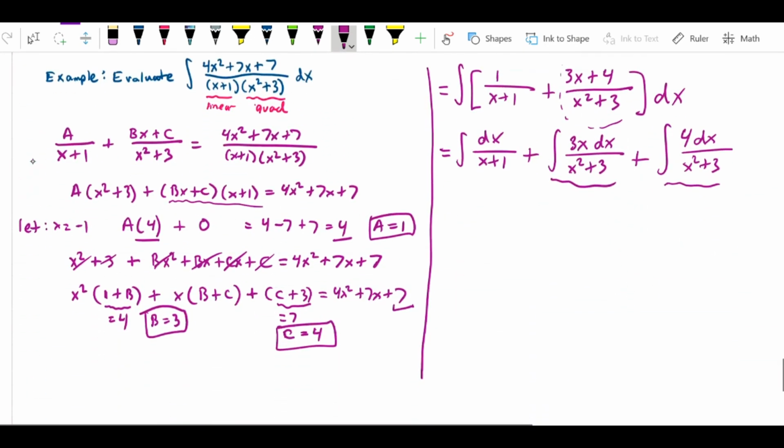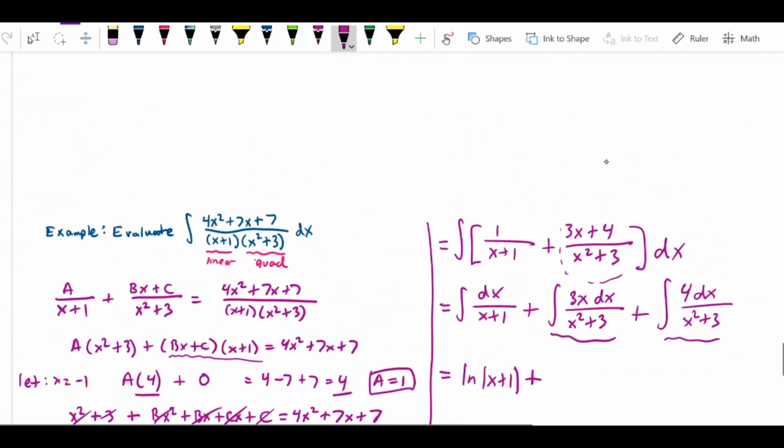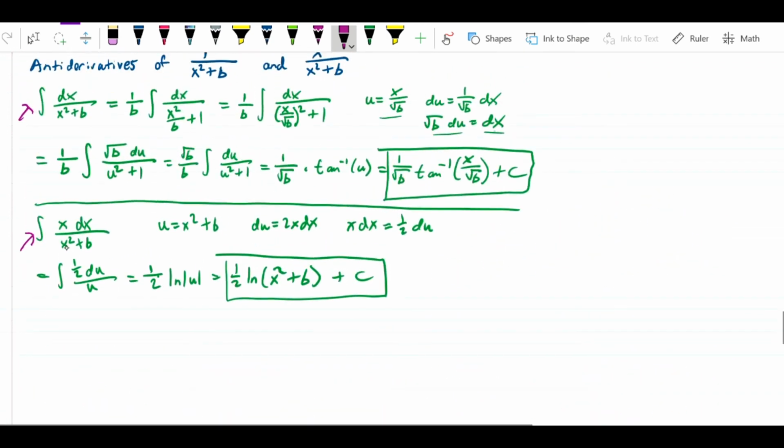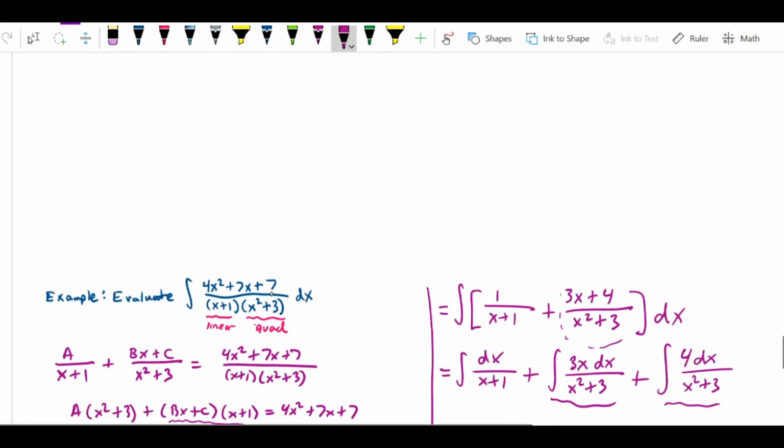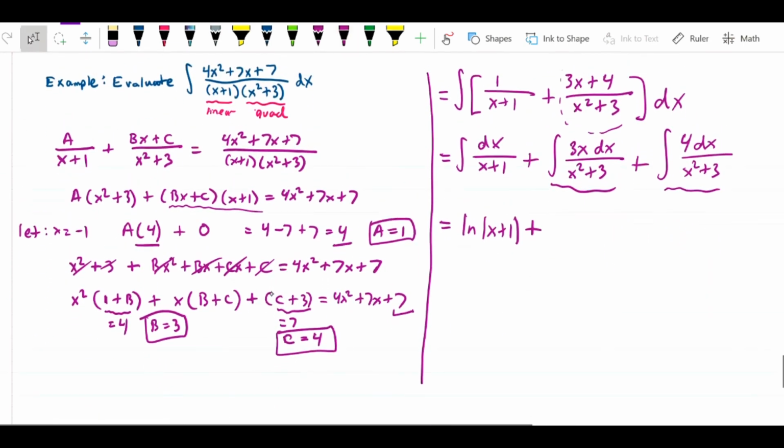So this is simply going to equal ln of absolute value x plus 1, and then this is going to be, we have x over x squared plus 3. Its antiderivative is 1/2 ln of x squared plus 3. So that gives us, since we have a factor of 3 there that I have to deal with, I'm just going to multiply that result by 3. So that's 3/2 ln of x squared plus 3.